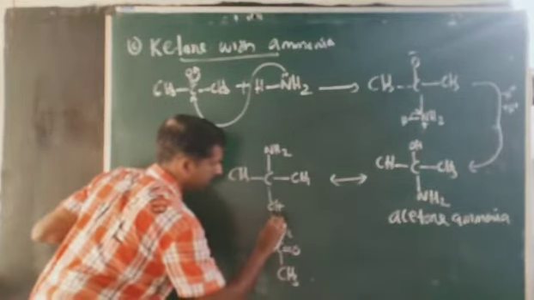What is the hydrazine formula? Look at it here. In NH3, one H is replaced by another NH2. This compound is known as hydrazine, NH2NH2. The product name is hydrazone.